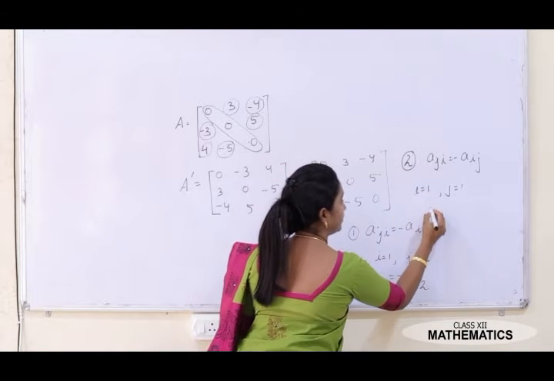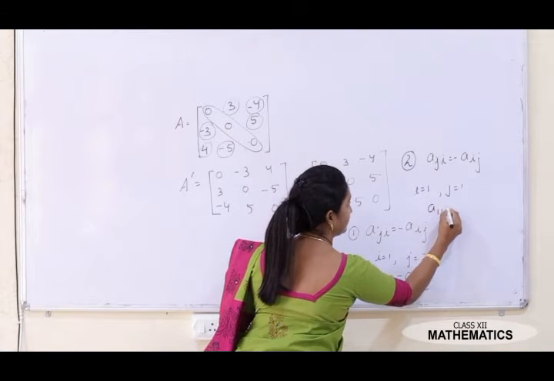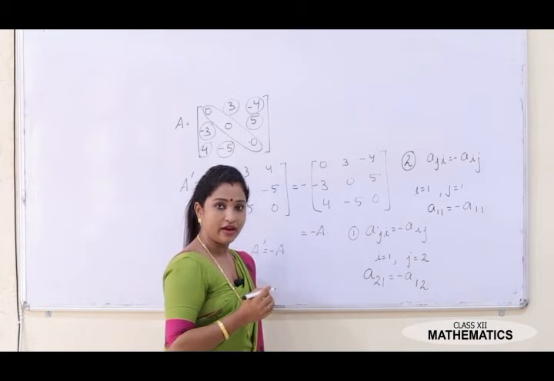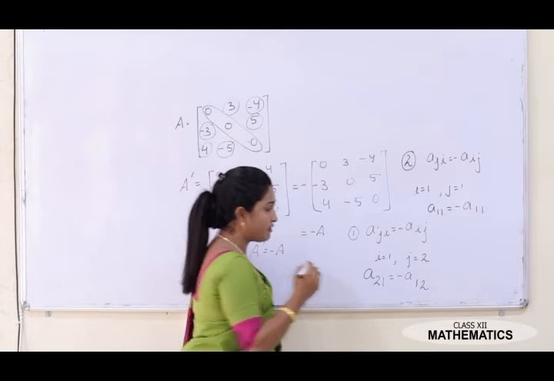So what are you getting? You are getting A11 is equal to minus A11.